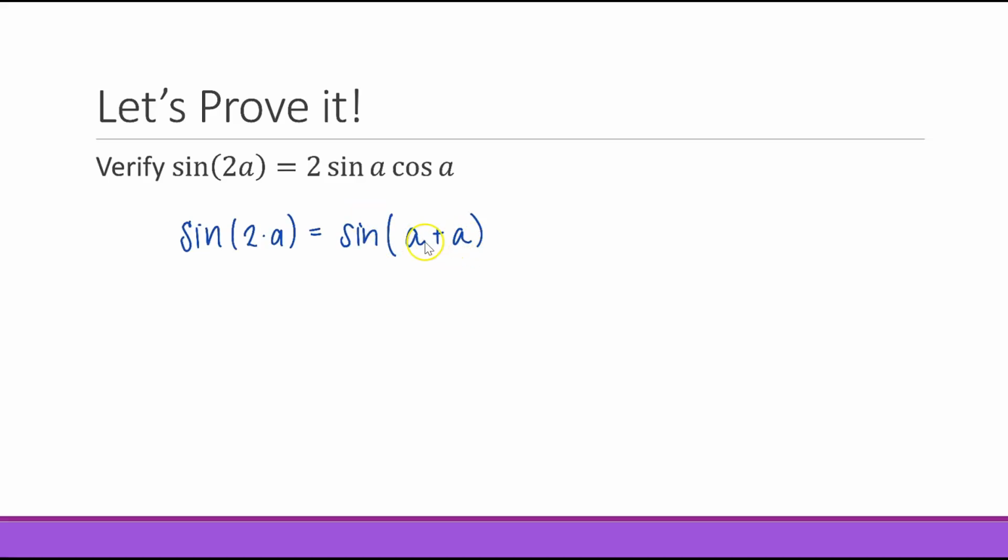So here a plus a is the same as 2a, but now that I have it as a sum on the inside, I can use the sum identity for the sine function, which says we take sine of the first angle, sine of a, cosine of the second angle, which also happens to be a, plus sine of the second angle, which is a, times cosine of the first angle, which is a.